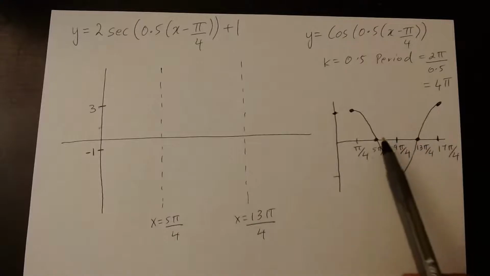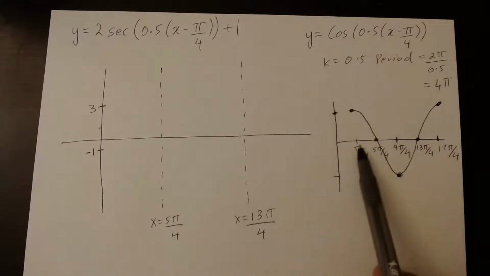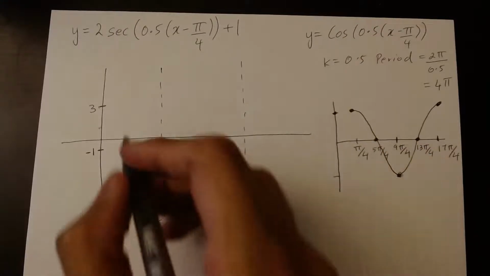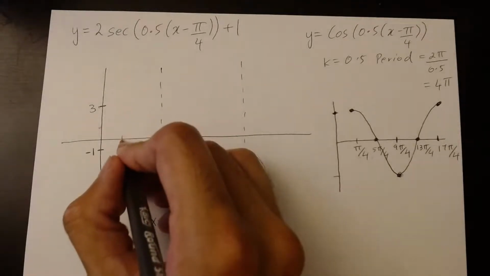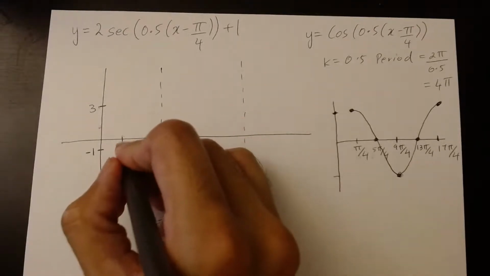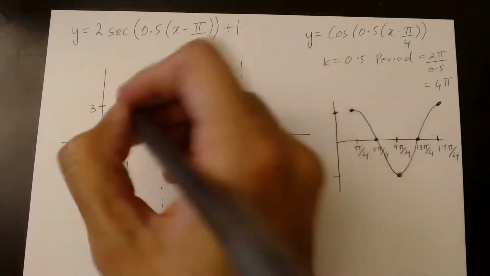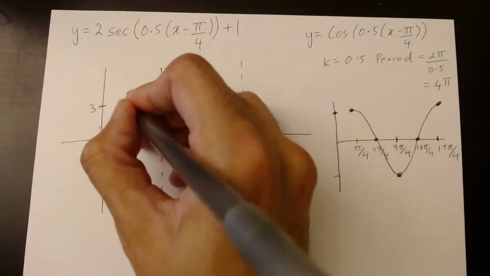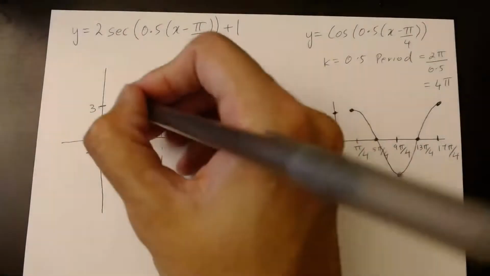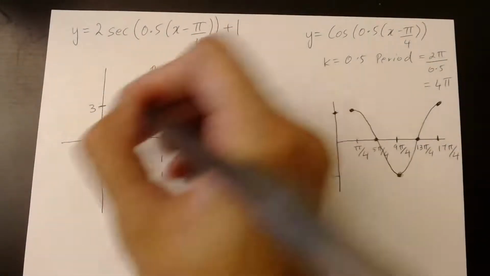Now let's take a look at this again. I know that I have a maximum here at pi over 4. So at pi over 4, I'm going to have a minimum. Your maximum here turns into your minimum. This is going to look like this.